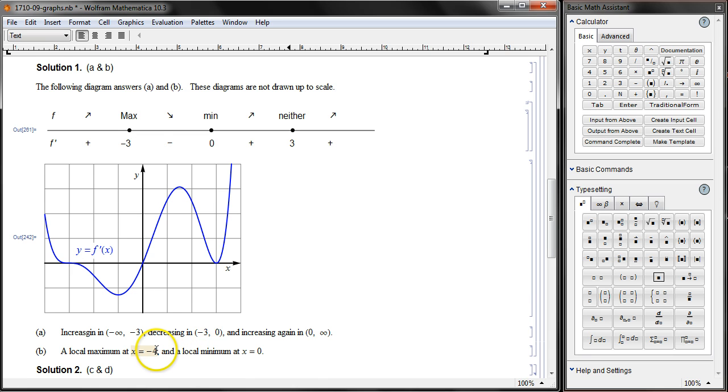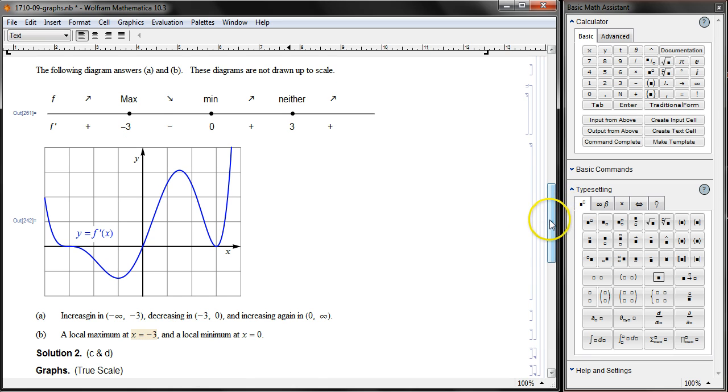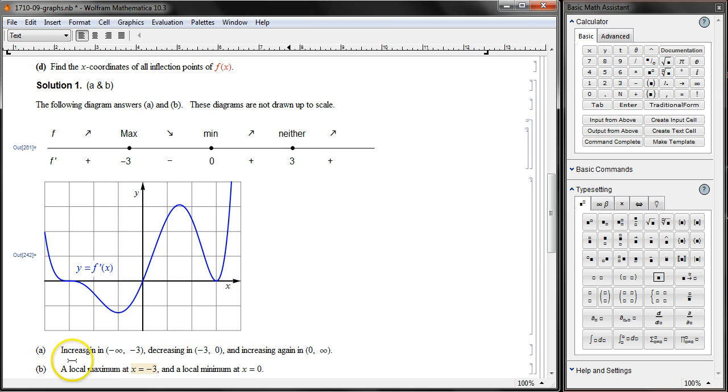Local maximum at x equal to negative 3, and local minimum at x equal to 0. Sorry, I miscounted. Somehow I wrote negative 4 here. Let's count again. This is 0, 1, 2, 3. Yes, at x equal to negative 3. This is correct. By the way, this diagram is really the correct diagram.